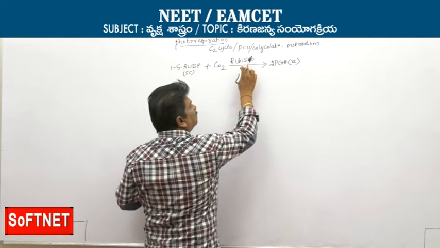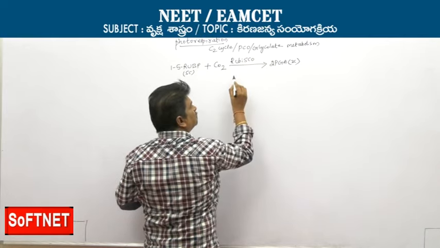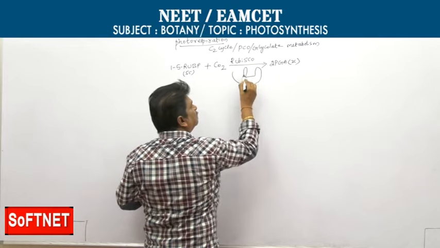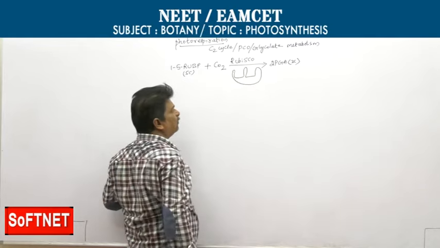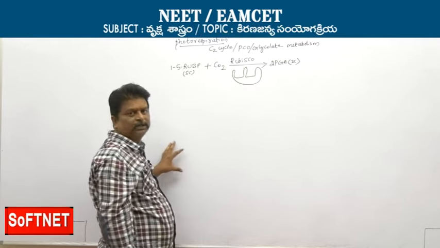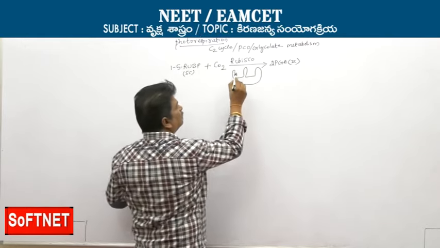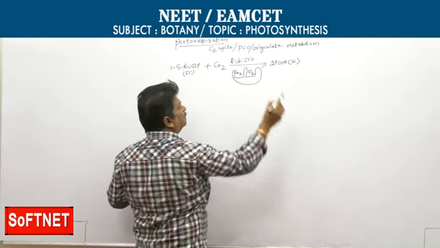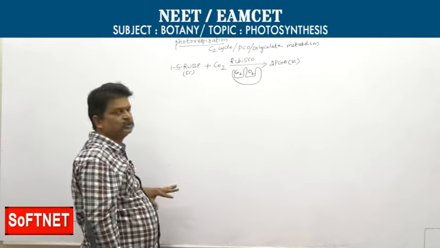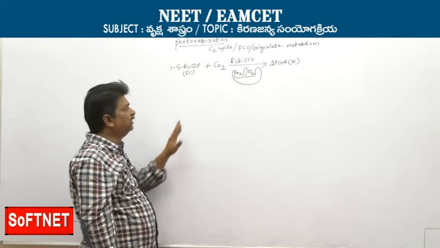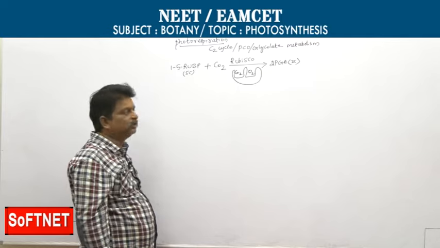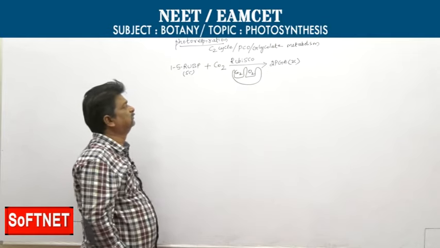Rubisco means RuBP carboxylase oxygenase, and actually this enzyme has 2 active sites. One is for carbon dioxide, and second is for oxygen. And this enzyme shows more affinity with carbon dioxide.